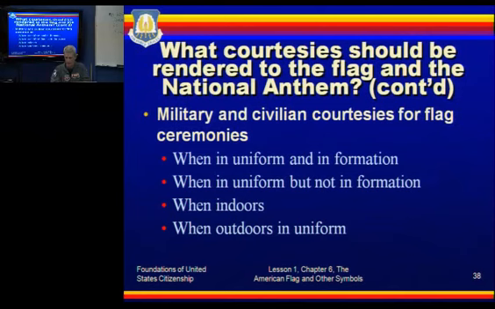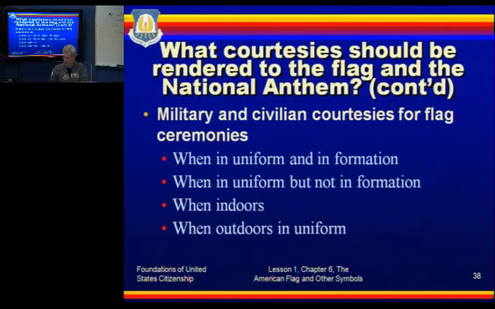There you go. Guys, you need to know this is probably the most important page, because this is where people will be looking at you, especially when you're in uniform, for how you respect the flag. So you need to read 267 and understand it, 267 and 268.